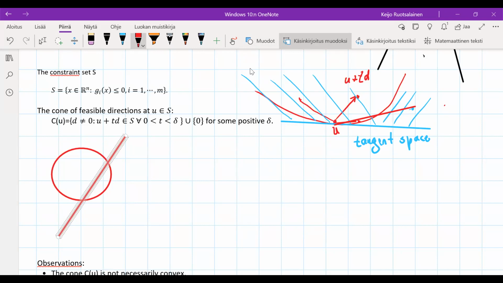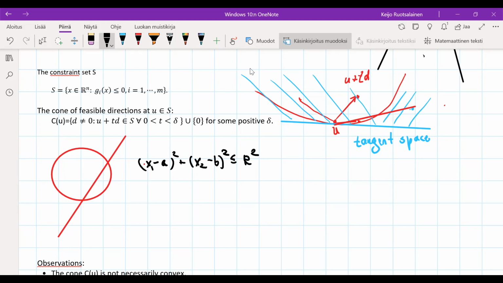For example, the first constraint is a circle constraint: (x1 minus a) squared plus (x2 minus b) squared is less than r squared.